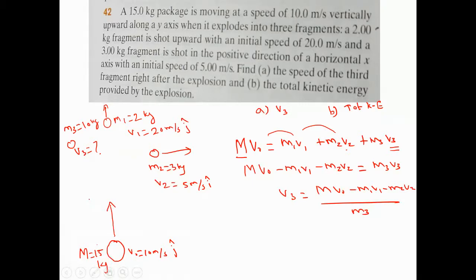Now you have all the values. When you substitute the values, you will get the answer for V3. I already calculated it; later on, you can check the answer. When you substitute the values, I got 11.10 meter per second. So this will be the answer for the first question. Clear?